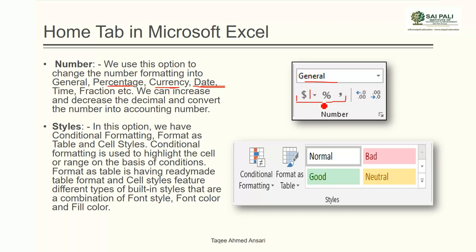You can change it to currency, percentage, and if you have decimal data, you can increase and decrease the decimal, or you can click on this drop down to choose the number formatting. By default, when you add any data, Excel automatically detects the formatting, if it is correctly input. If you put the date correctly, it will automatically detect the formatting. Otherwise you can change it from here.